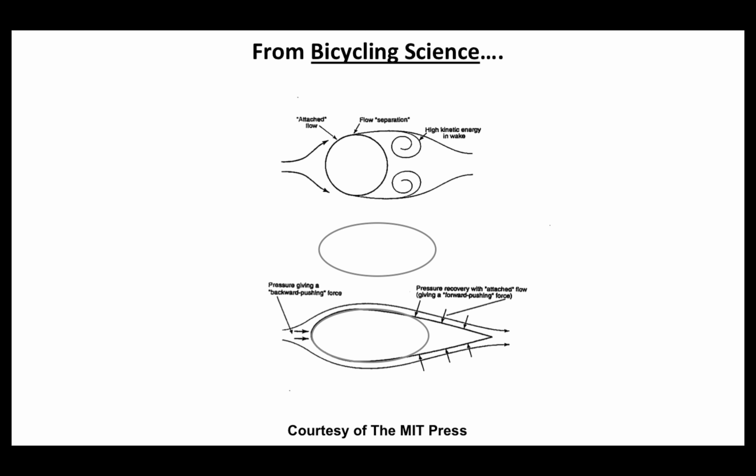Because the separation of the fluid in the case of the oval spoke appears that it would occur farther to the back, it's reasonable that the drag coefficient of the oval spoke would be less than the drag coefficient of the round spoke, but we have to see if we can find some evidence to substantiate that.